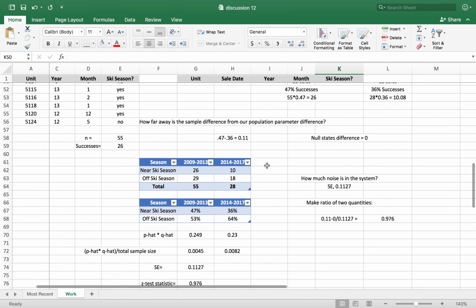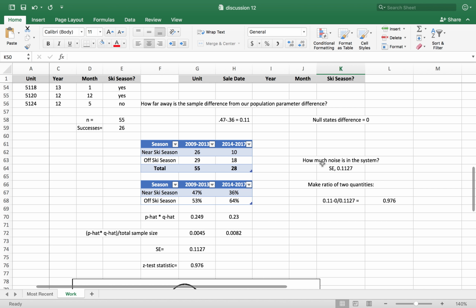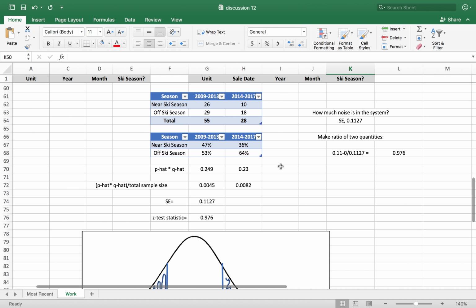Then we want to find the standard error, so how much noise is in the system. In order to do that, we take 0.47 times 0.53, p hat times q hat, success times failure, and we get 0.249. Then we take 0.36 times 0.64, which actually gives us 0.230, but it cut off the 0.